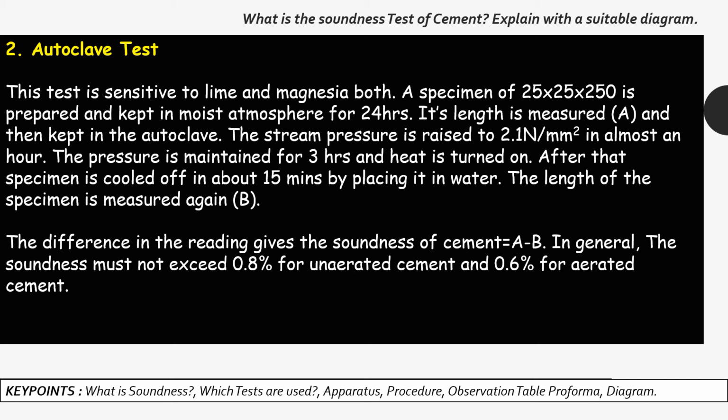One more thing, at some places you might find that the specimen size is 25 by 25 by 282 mm. Therefore, it is usually 25 by 25 by 282 mm, or can be written as 250 mm too.